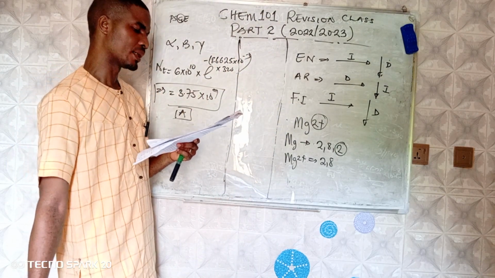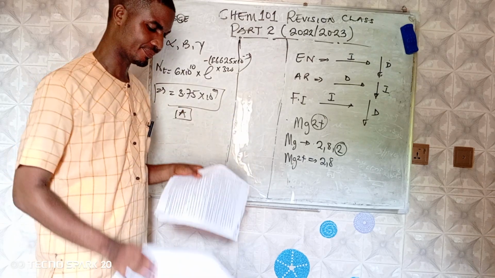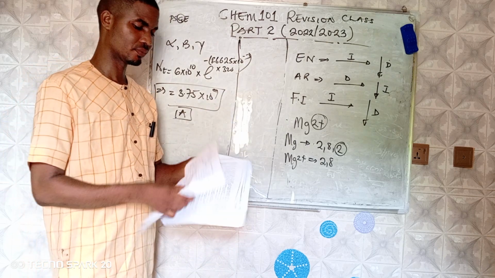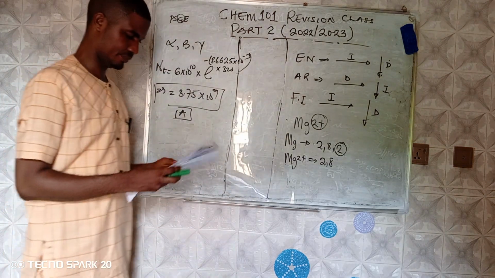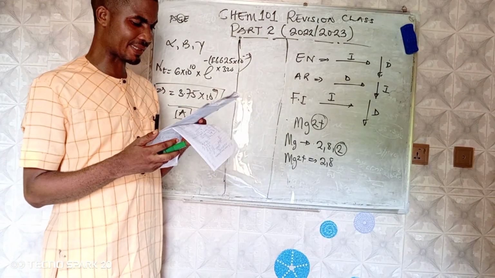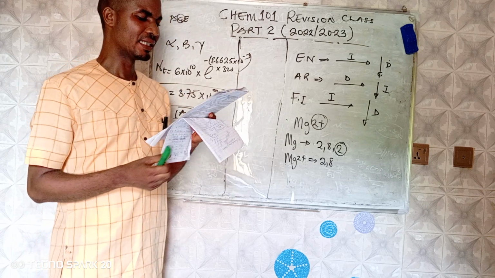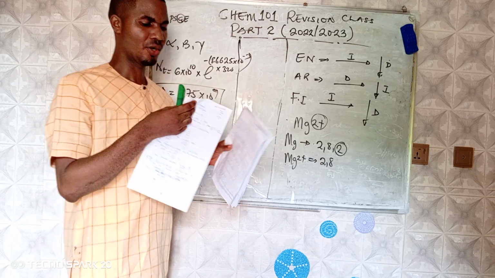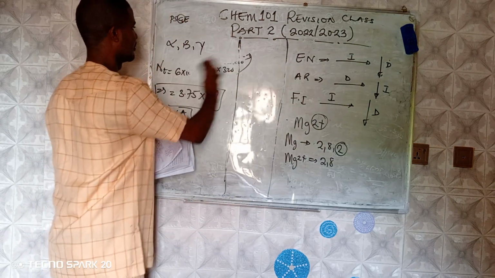We have 39 now. Question number 39: how many unpaired electrons are in the 3p orbital of an atom of chlorine? Let's see.